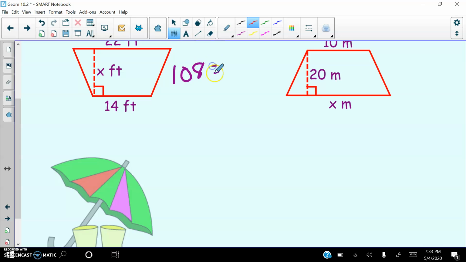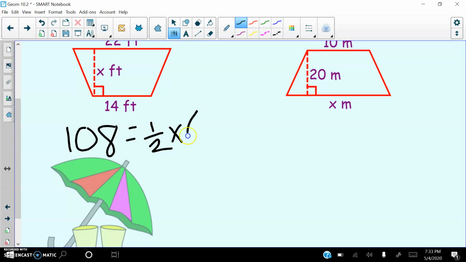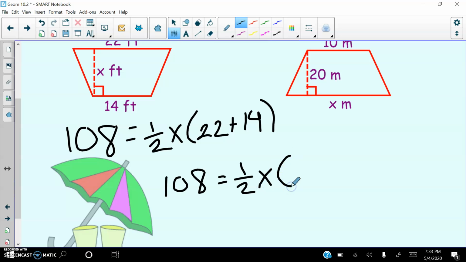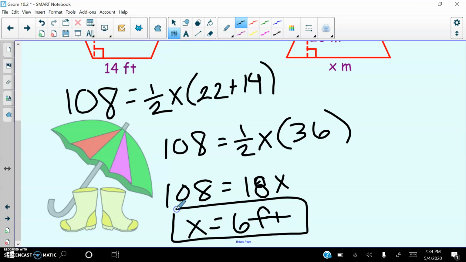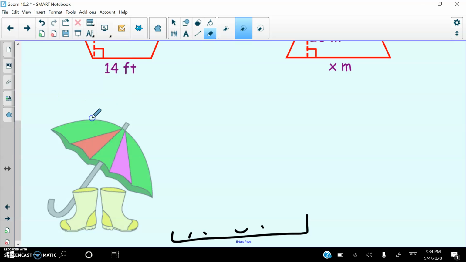So 108 equals 1/2 times the height x times 22 plus 14. 22 plus 14 is 36, and 1/2 x times 36 is 18x. Divide both sides by 18, and I get x to be 6, and I'm dealing with feet. Oh, it's magic. It's such a cool trick.